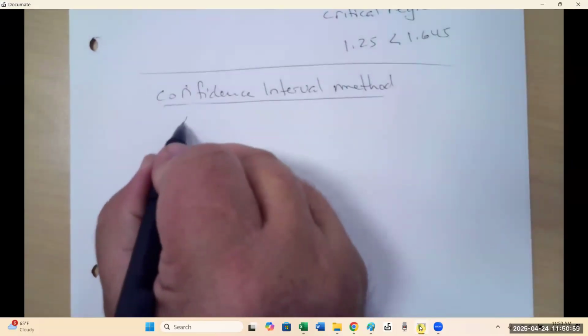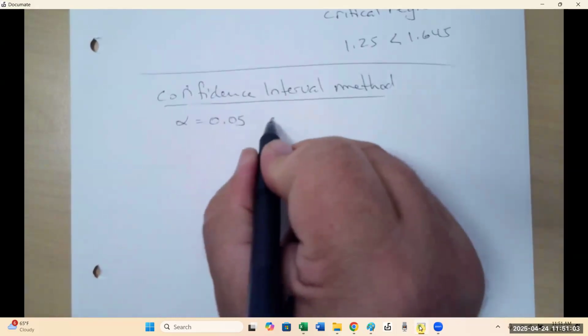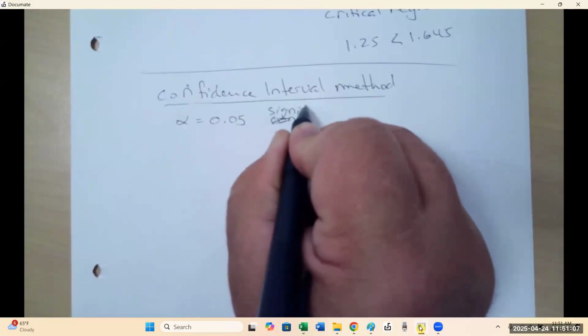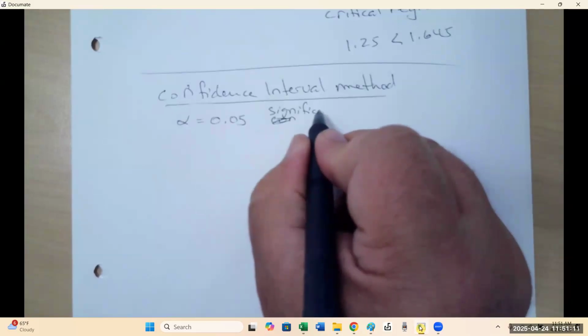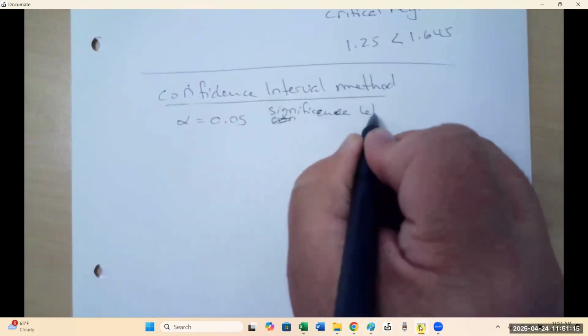We're using the same information. We have alpha is 0.05 as our significance level.